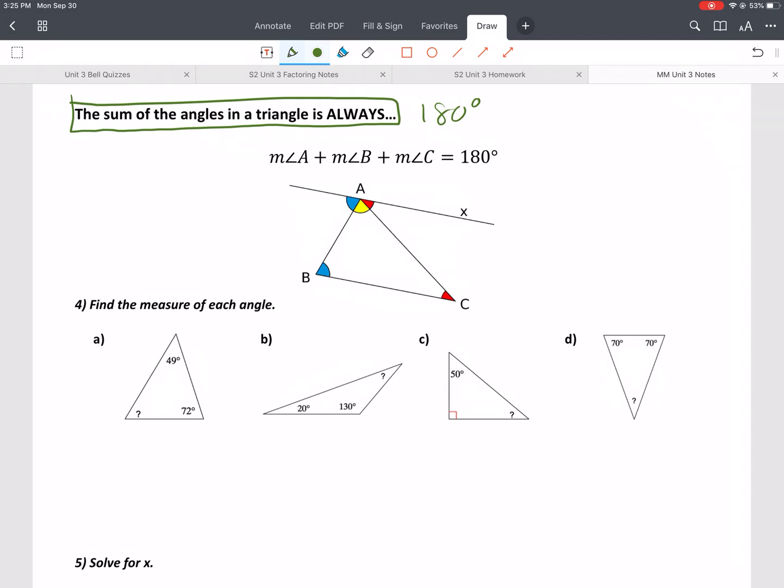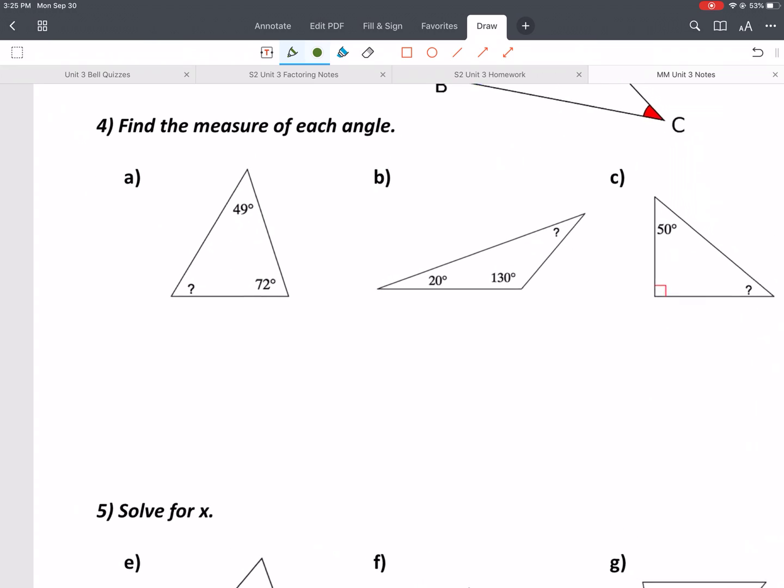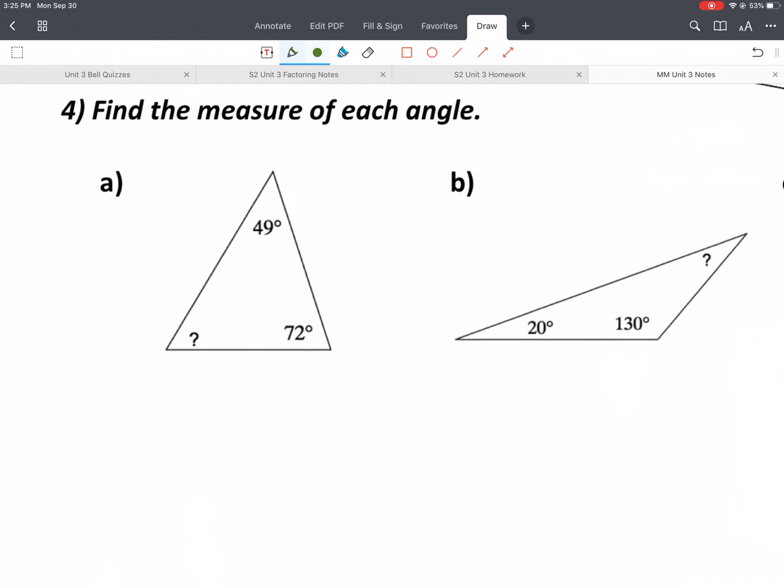Oftentimes when we write down the value of an angle, we would write it as the measure, that's what the M stands for: measure of angle A, plus measure of angle B, plus measure of angle C. If we add them together, it gives us 180. So we can use that when we're trying to solve some of these problems.